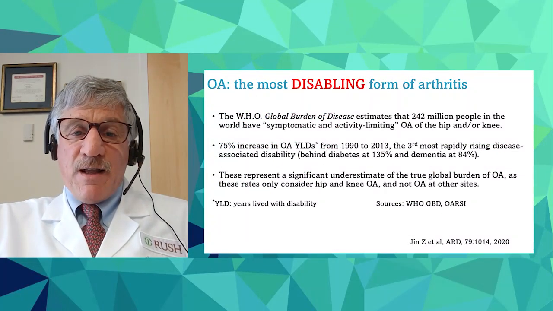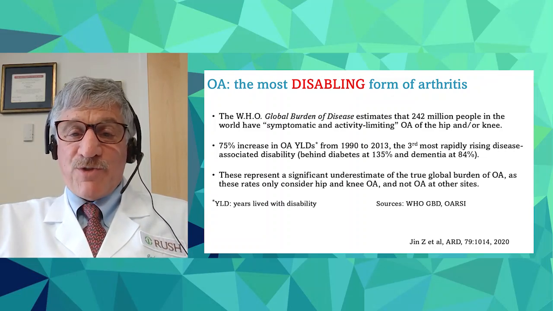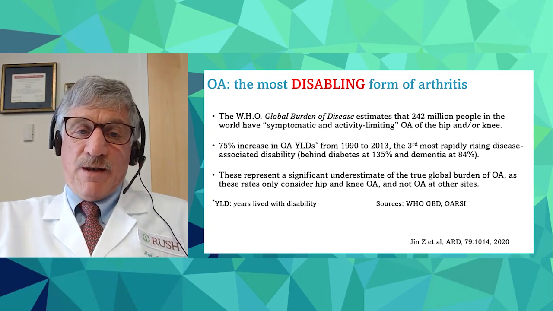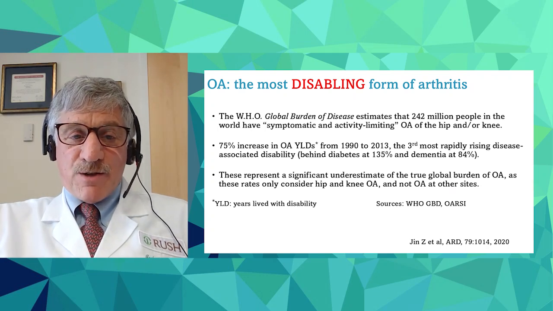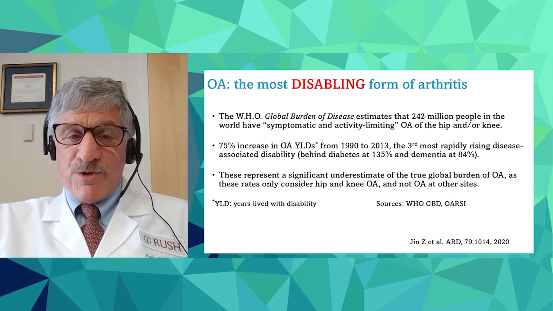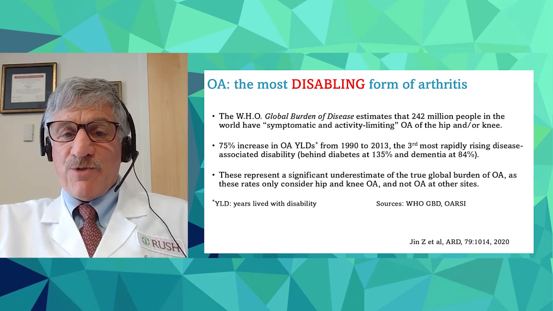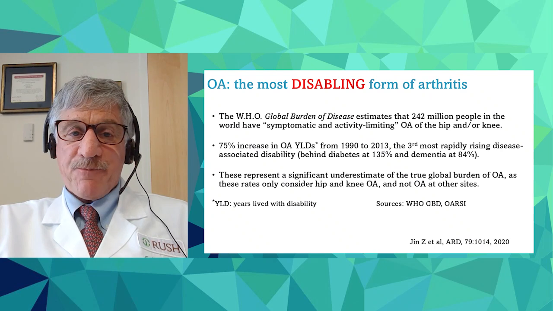Not only that, they estimate that 250 million people in the world have activity-limiting symptomatic OA of just the hip and/or the knee. There's a 75% increase in years lived with disability with OA over the last 30 years, and all of this is a huge underestimate of the actual global burden of OA because this is only looking at hip and knee and not OA at all the other sites in the body.